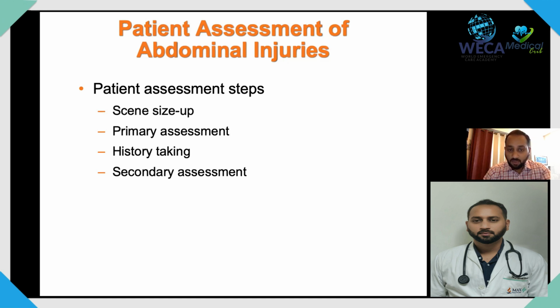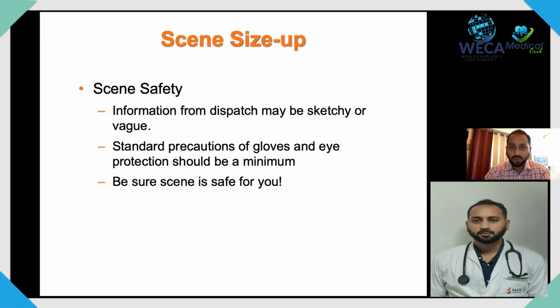The primary assessment of the patient, and history taking, are important. Then comes the secondary assessment, and after all of that is done, as we spoke, reassessment. That is one of the most important steps, because the injuries in blunt abdominal trauma may develop or may present later on.